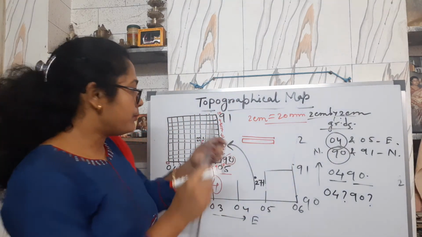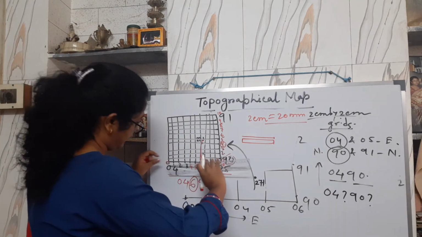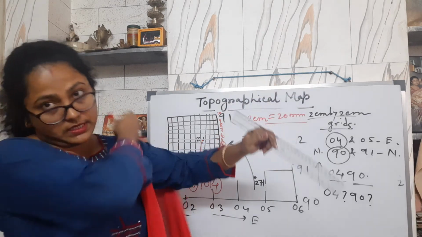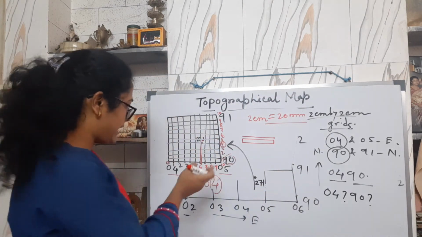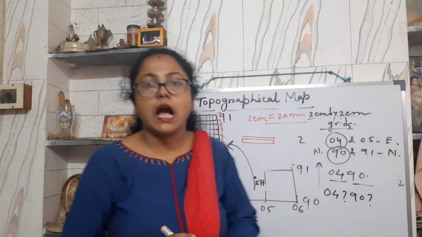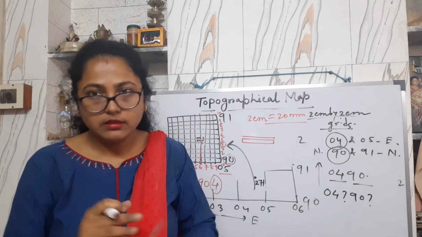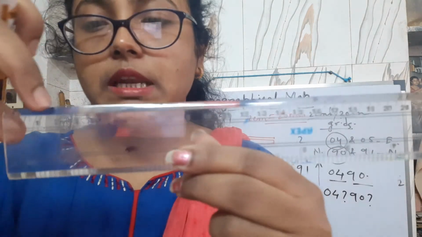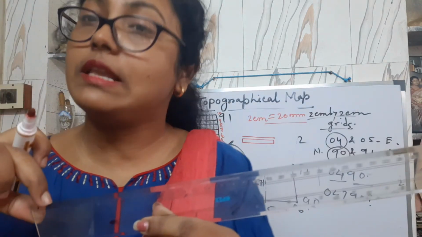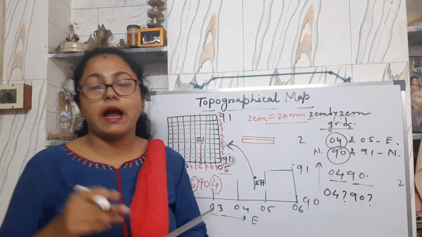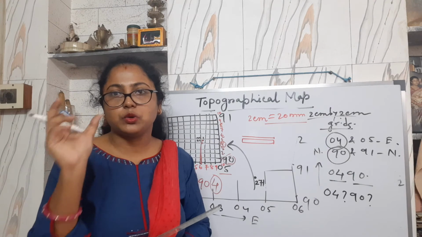Okay. Now suppose you have to hold your scale in this way, and in case of this I am telling you, here 6 is the point. If the point comes 10 millimeter from the beginning, 10 millimeter means 1 centimeter, then you have to divide 10 by 2, because 2 centimeter is the total length of the grid.